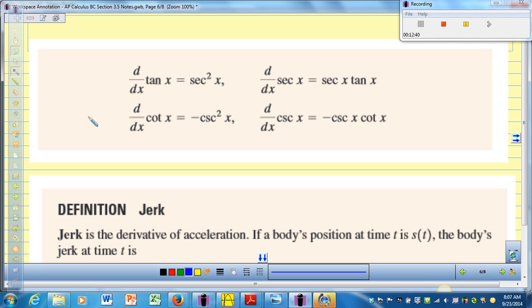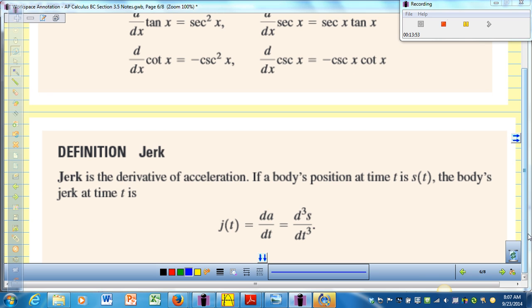All right, and then the other definition we have on this page is the definition of a jerk, which they did have a neat little write-up in the section about this. You know, when you're driving in a car and you step on the brake and you jerk forward. That's it. The jerk is the derivative of acceleration. So you get a jerk when the acceleration changes very, very quickly, instantly. Okay, so it's the instantaneous rate of change of acceleration.